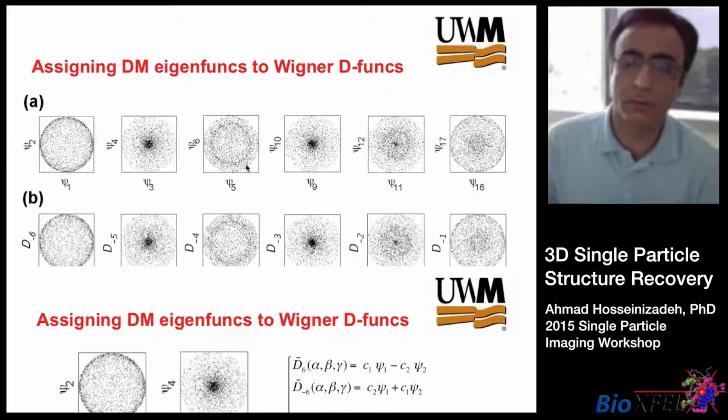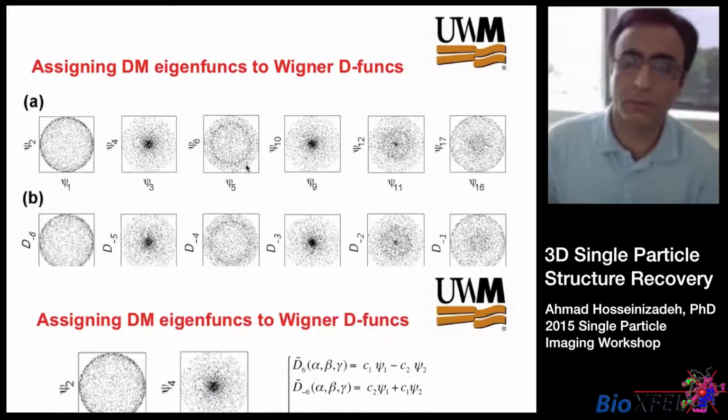So this is a typical degenerate pair from diffusion map and the corresponding Wigner D functions from the symmetrized icosahedral D function. They are not necessarily in the same order, and I have to say that every D function is just a linear combination of these two.